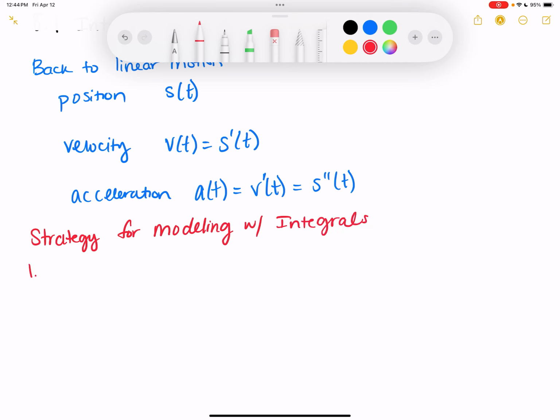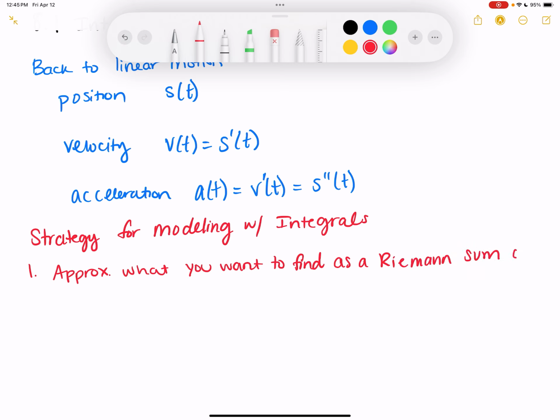First, we're going to approximate what you want to find as a Riemann sum of values of a continuous function multiplied by interval lengths.